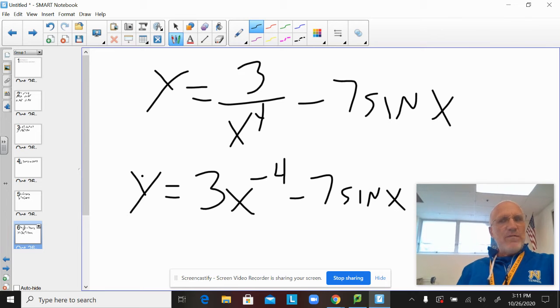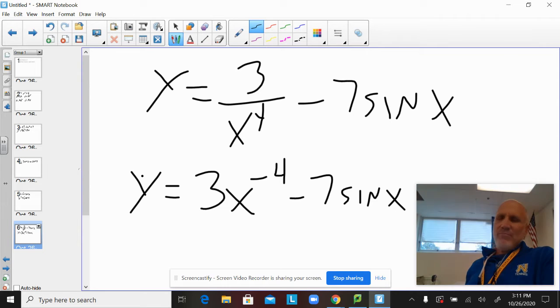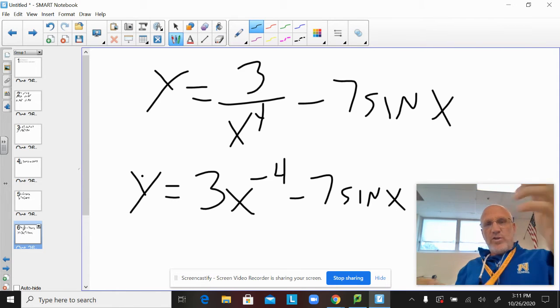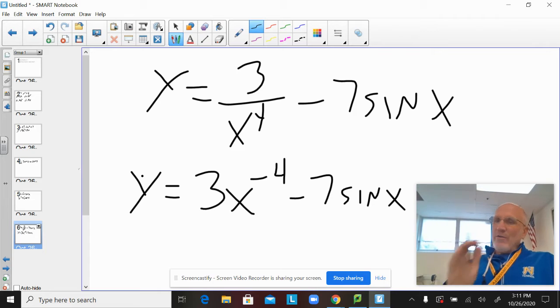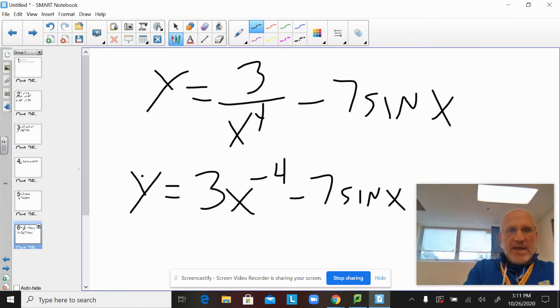Notice I didn't take the derivative yet of that 7 sine of x, because all I was doing was rewriting the first part, and it would be really mathematically wrong to have it be 7 cosine of x. By rewriting the first part, you're not taking the derivative. It's not y prime. It wouldn't be y. So just rewrite it first.